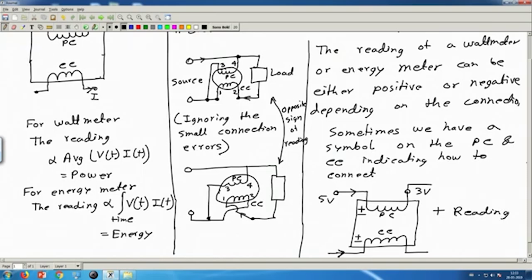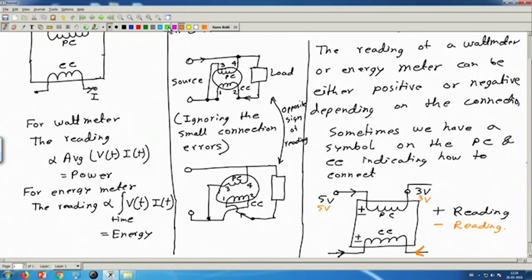Okay. So if you connect this meter in an opposite way such that you have 5 volt, 3 volt, but now the current is going in the opposite direction in this coil, entering through this side and leaving through this symbol side, then we will have negative reading. Okay. So if this is 5 volt, this is 3 volt, but current is entering through this, we will have negative reading.